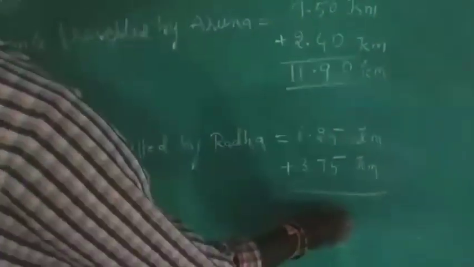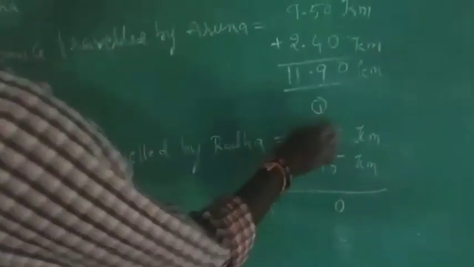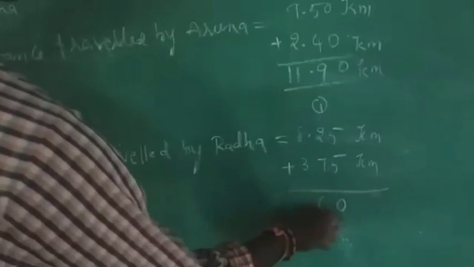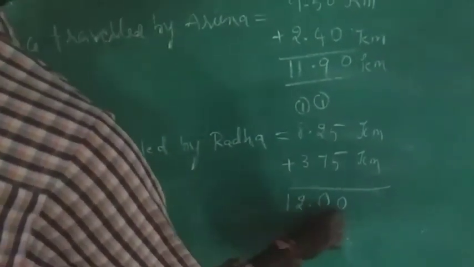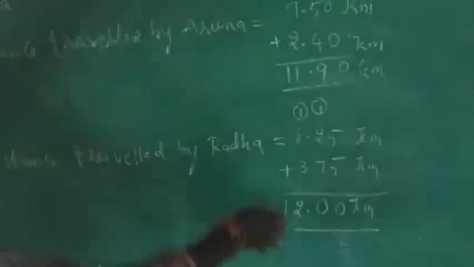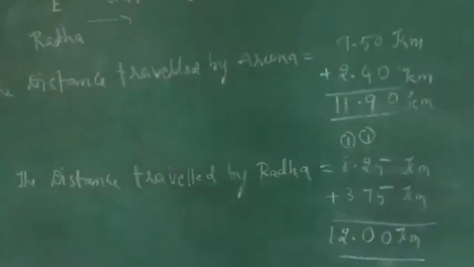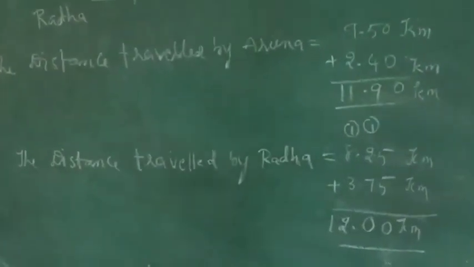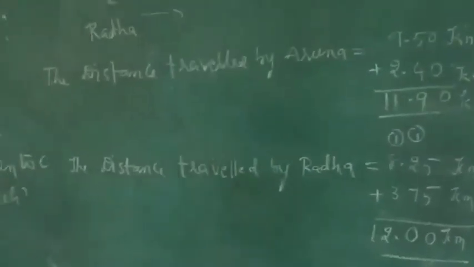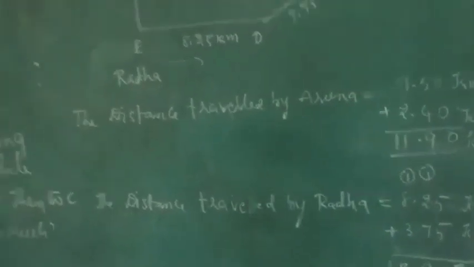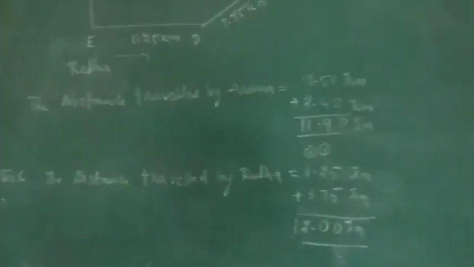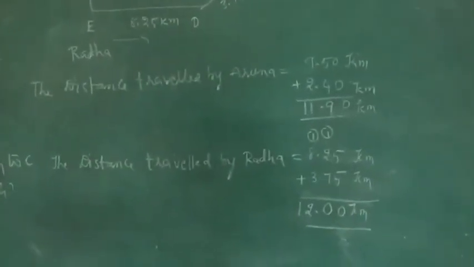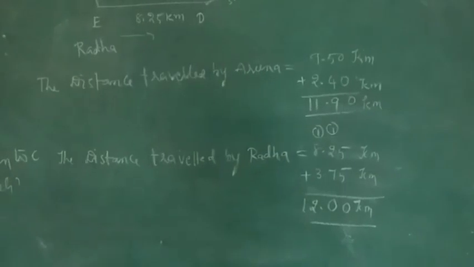So 5 plus 5, 10, 1 carry. 1 plus 2, 3, 3 plus 7, 10, 1 carry. 1 plus 8, 9, 9 plus 12 kilometers. By seeing clearly who traveled more. So Radha traveled more, right? Radha traveled more. So by how much Radha traveled more? We need to see.